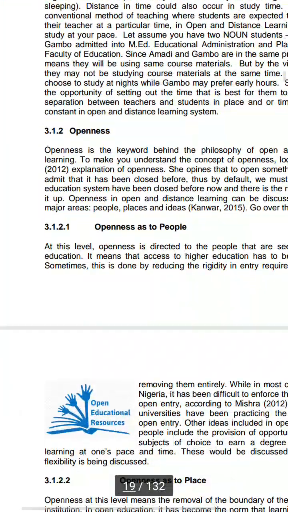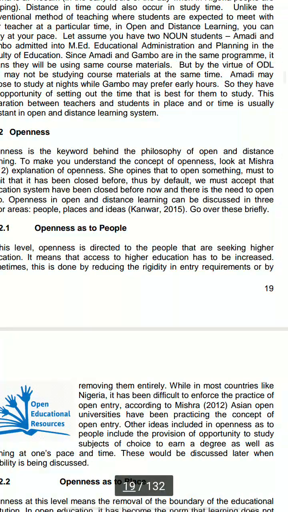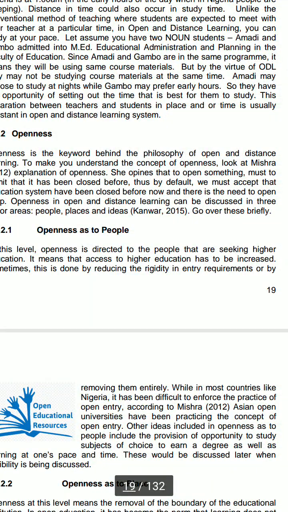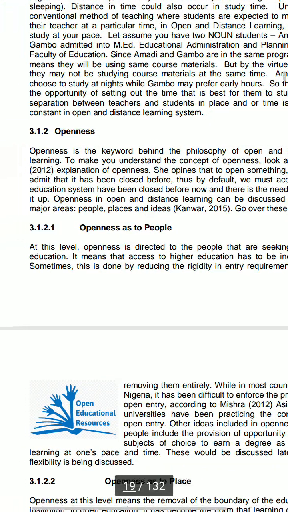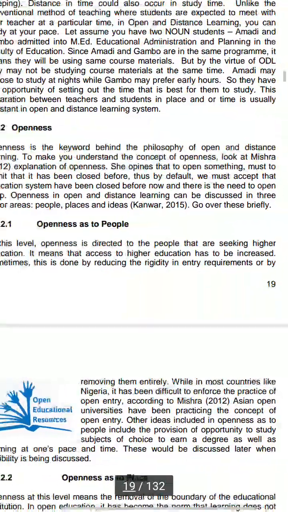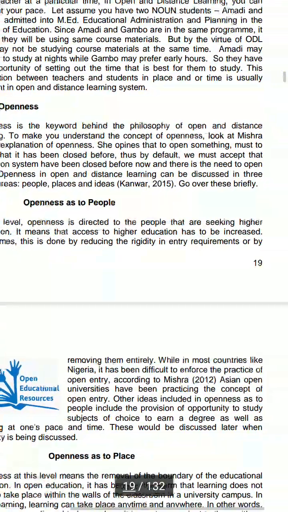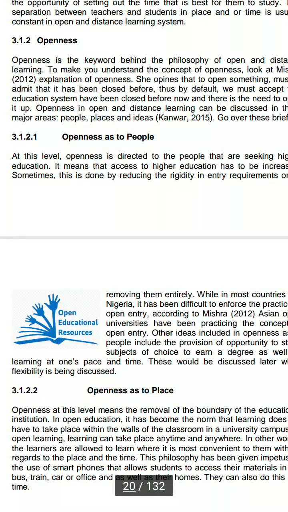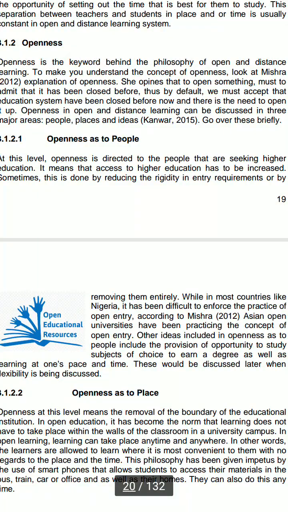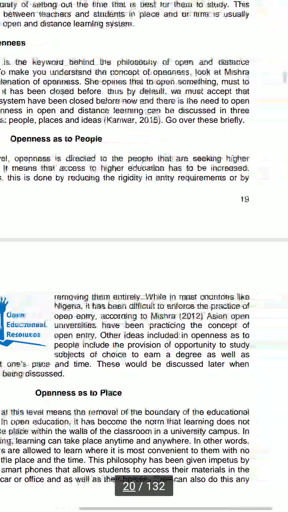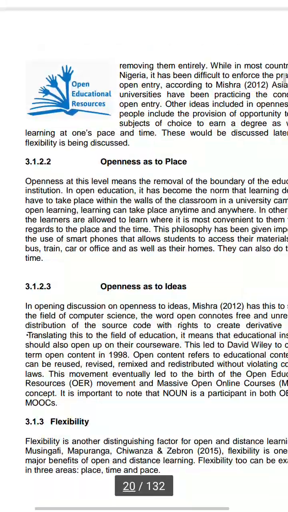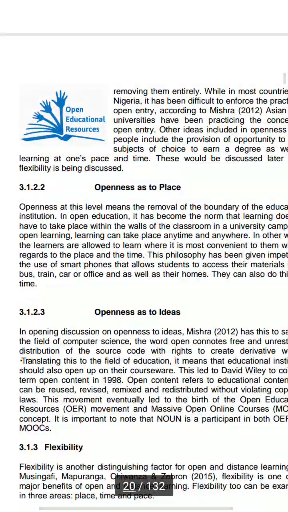Then we have openness. Openness is the key word behind the philosophy of open and distance learning. To make you understand the concept of openness, we also have openness as to people. At this level, openness is directed to the people that are seeking higher education. Then we have openness as to place.